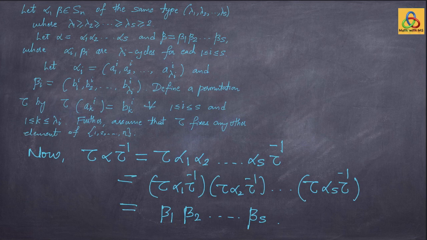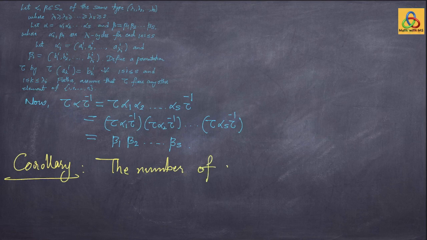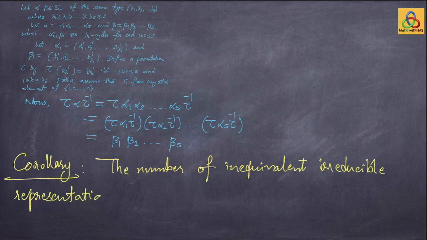Therefore, the number of inequivalent irreducible representations of the symmetric group Sn is the same as the number of partitions of n. So, corollary: the number of inequivalent irreducible representations of the symmetric group Sn equals the number of partitions of n, that is P of n.